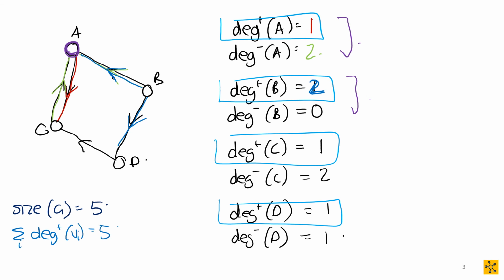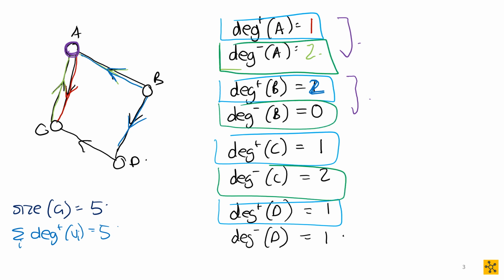What about the sum of the degrees going inwards? Let's use a different color. We have 2, 0, 2, and 1. So the sum of the in degrees of v_i is also equal to 5. And this is going to lead us to a theorem, the first theorem of digraphs.